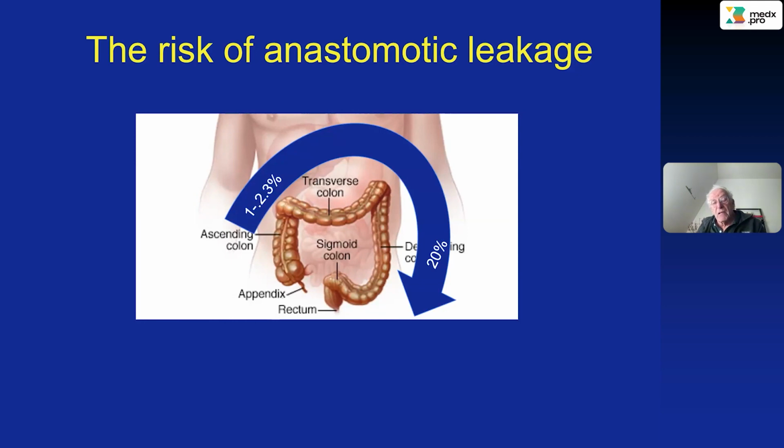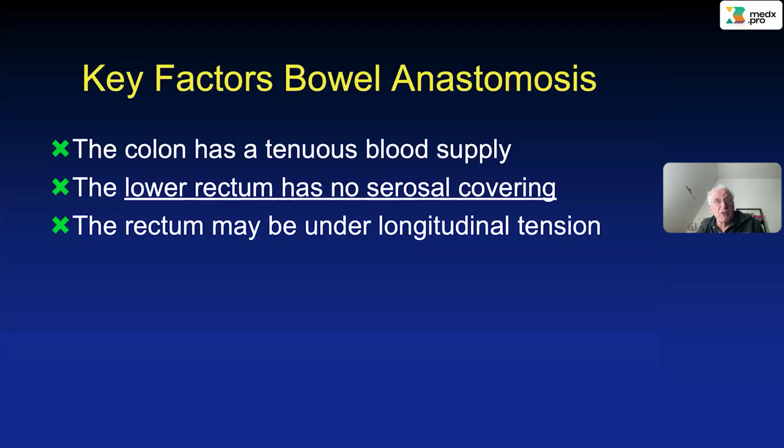There's another factor that intervenes when you're talking about rectal cancer and rectal anastomosis, is that the lower rectum has no serosal covering. And so any longitudinal tension on the rectum is only going to depend on the mucosal aspect of the vascularization, and we don't have any serosal reinforcement.